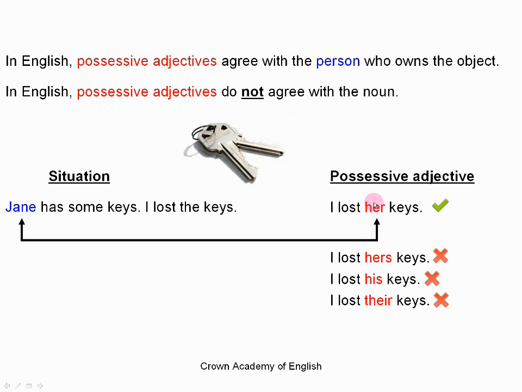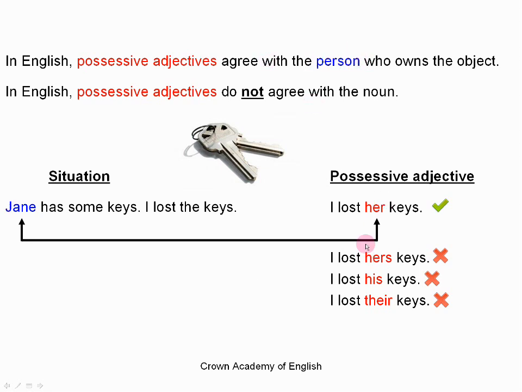Her keys. Okay? This is quite important because in other languages, for example, French, possessive adjectives, they agree with the noun. If the noun is plural, then the possessive adjective is plural in other languages. But in English, no. In English, the possessive adjective agrees with the person.